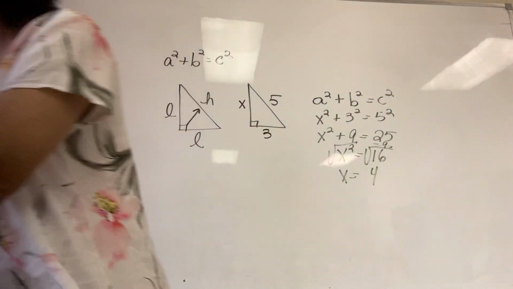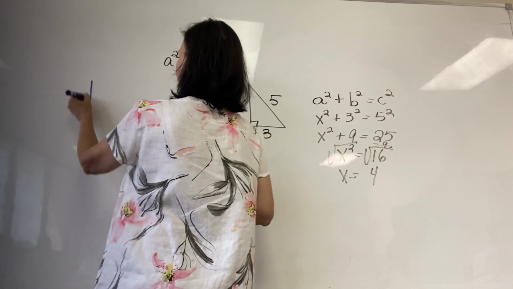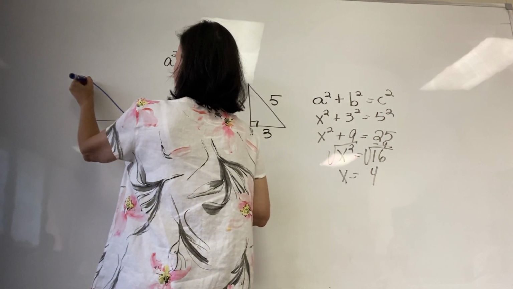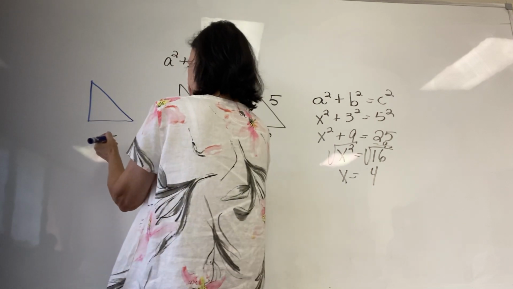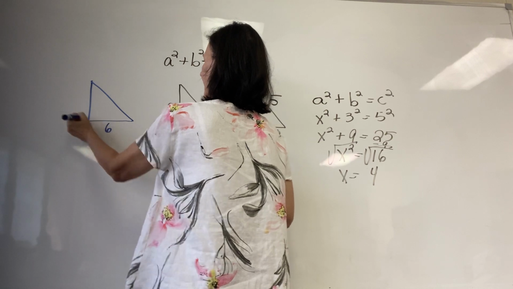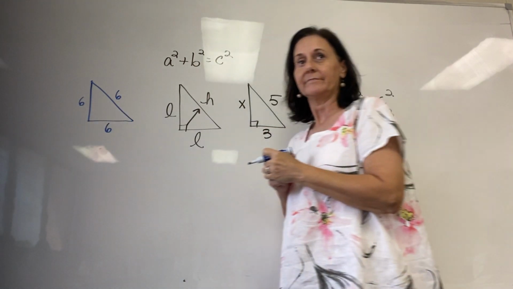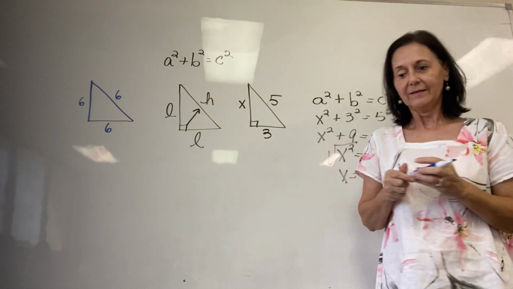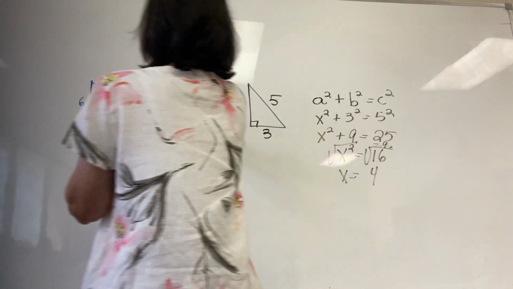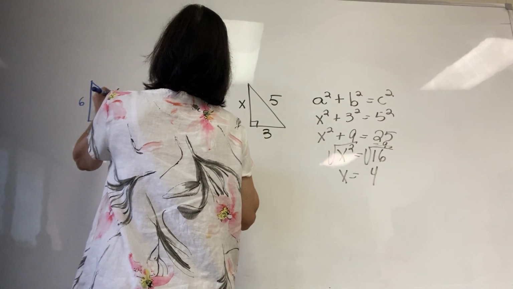Let's suppose I had an unmarked triangle, and I really didn't know, but let's say the sides were all 6.